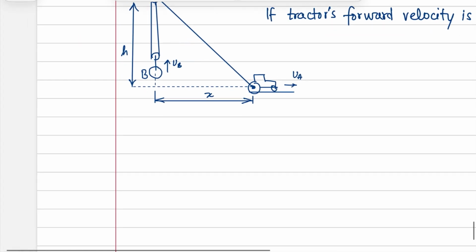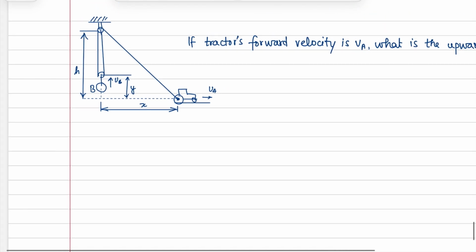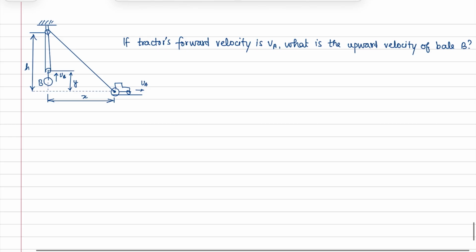Okay, so let's first create some measurement. Let's say this here is y, the distance from the ground. And now we're interested in the total length of the cable or the string. So L is equal to, what would that be?